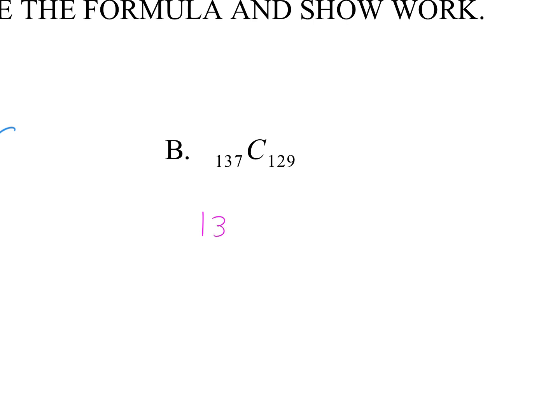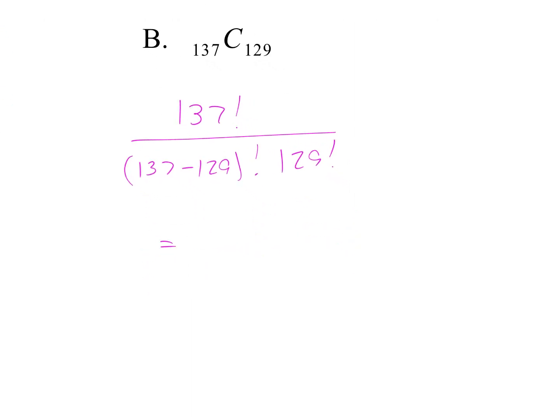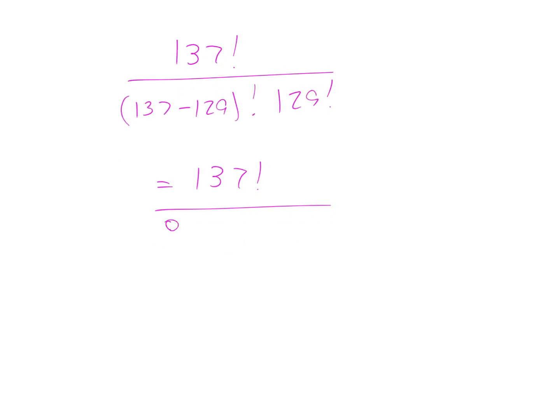I have 137 factorial over 137 minus 129 factorial times 129 factorial. So what's 137 minus 129? 8.